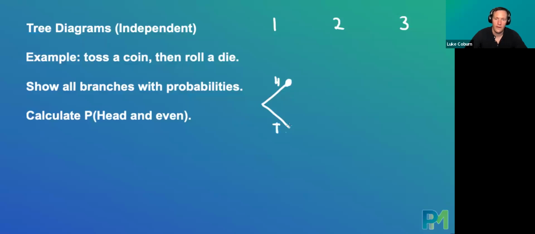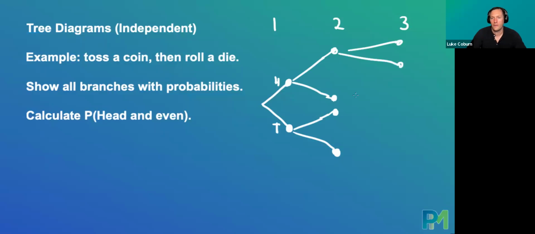This dot there is heads and the other one is tails. The next one is either heads or tails, and the next one is either heads or tails.